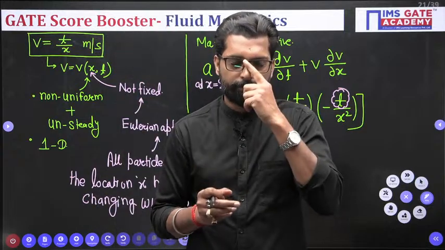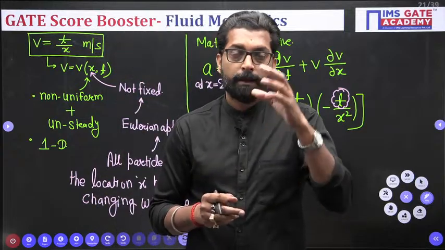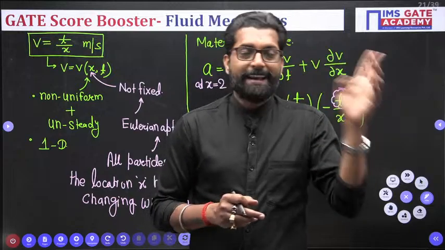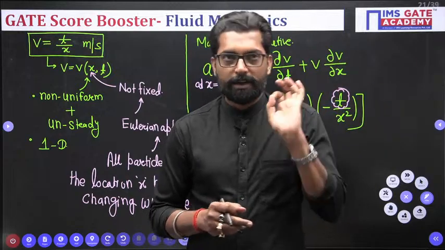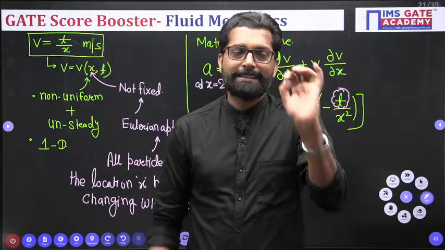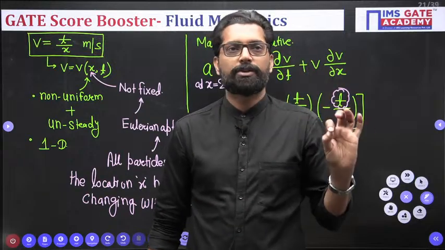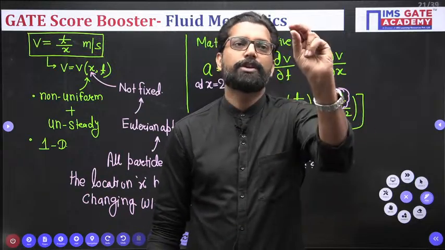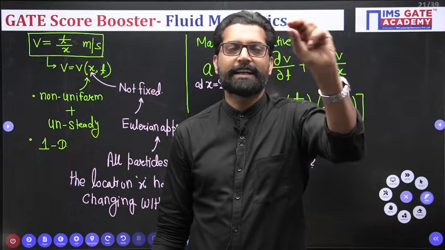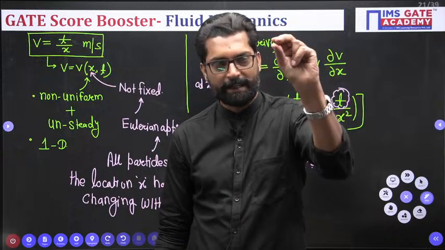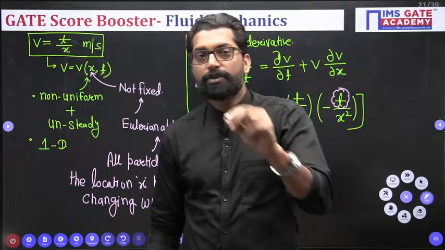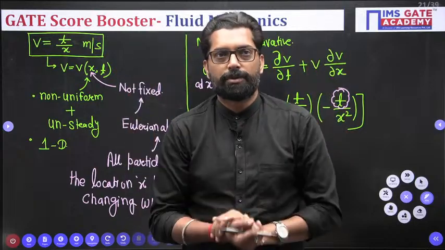This is very important. First we take a Lagrangian, then Eulerian. What is the Lagrangian approach? The Lagrangian approach is a particle approach. That means you have to take fluid particles, a single particle. The Eulerian approach is a control volume approach.